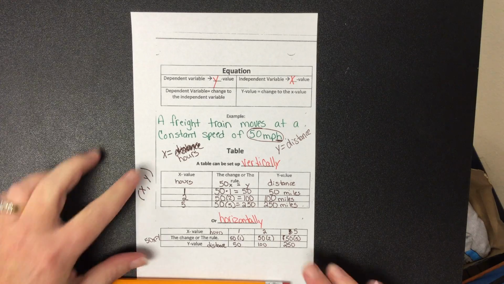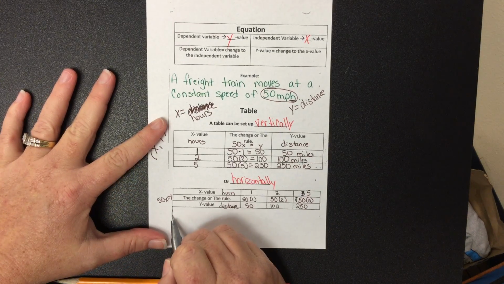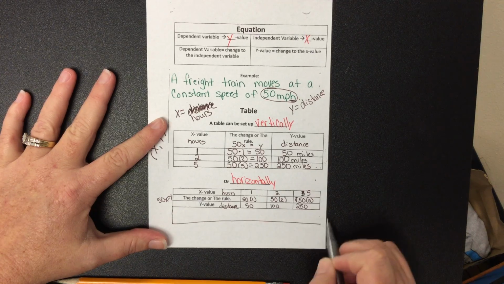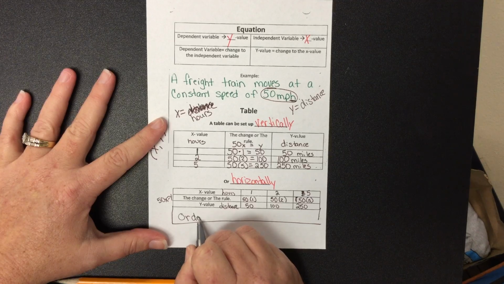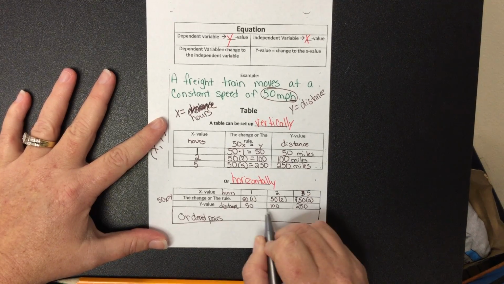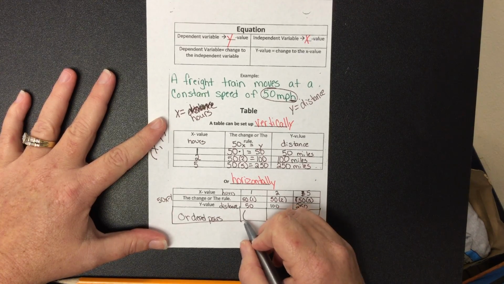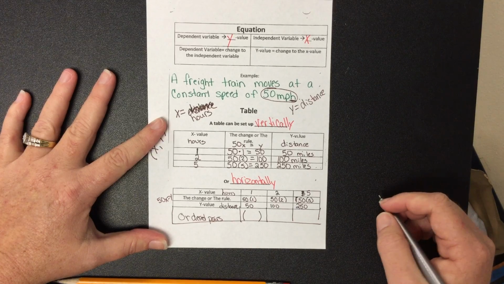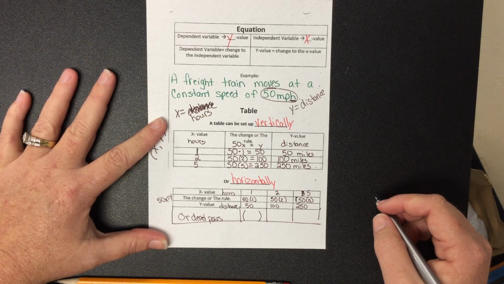Now I can make an extra box here if I wanted to and say, okay, give me my ordered pairs. What would my ordered pair look like for this first one if I were plotting it? x, comma, y.